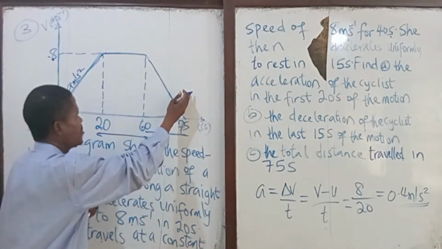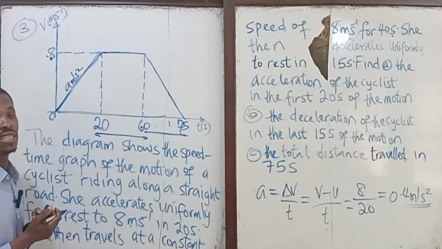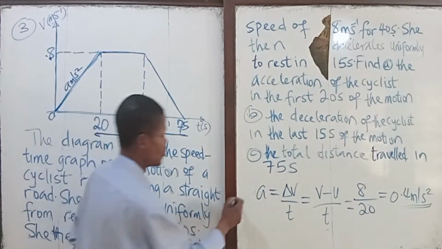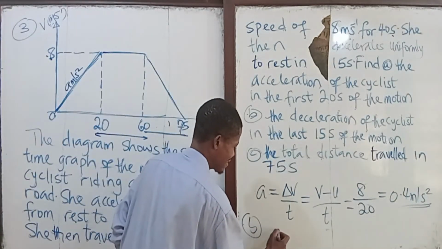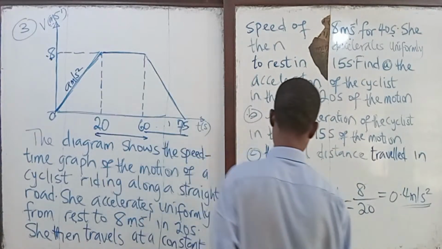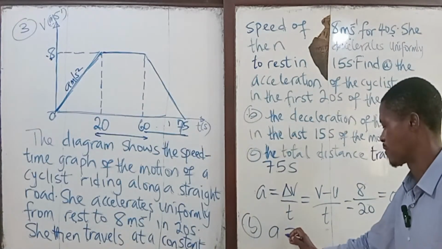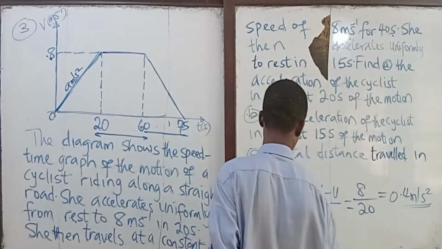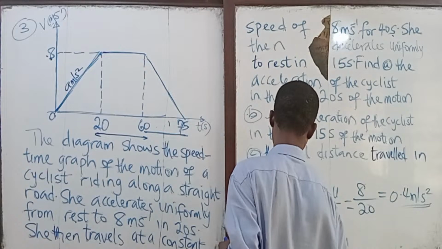The last triangle, you can get your deceleration or retardation. So the second one, B, deceleration. Actually, we expect to have a negative value for deceleration.